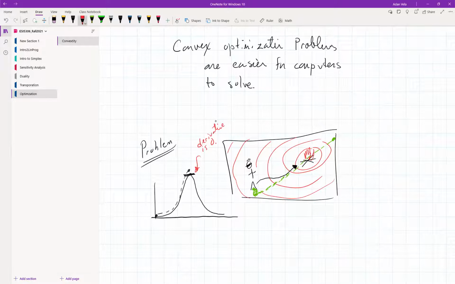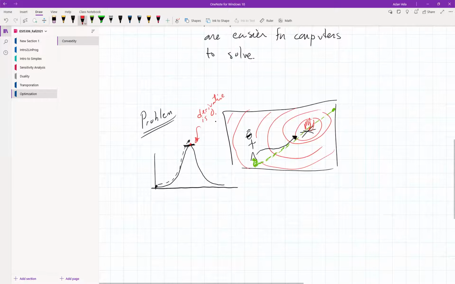And at that point, the computer is going to know to stop. Now, this problem is relatively easy for a variety of reasons. One is there's only one fire in that room, and the other is there are no blockages. And so if our goal is to find the hottest place, it's pretty easy.